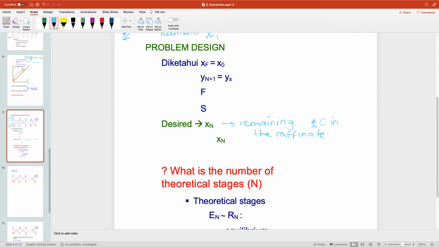Why? Because economically, when we do extraction operation, we need to calculate how much of the product that we want should be left out. Sometimes we treat the raffinate as a waste, as liquid waste, or it can be recovered. So we have to determine what percentage of C is still beneficial, still economic, if we don't take it from the raffinate.